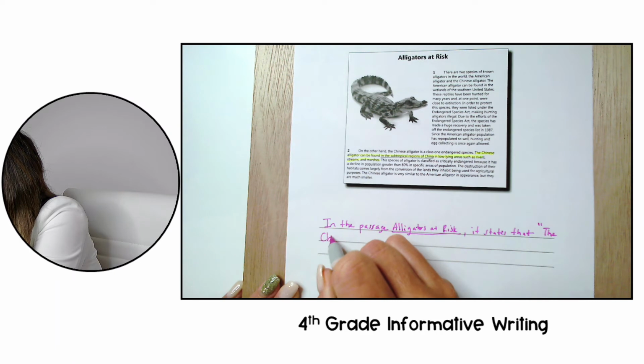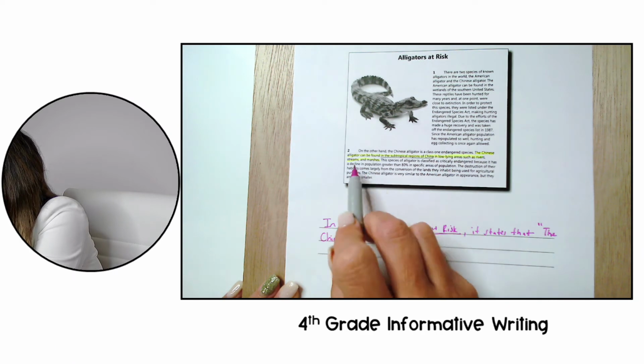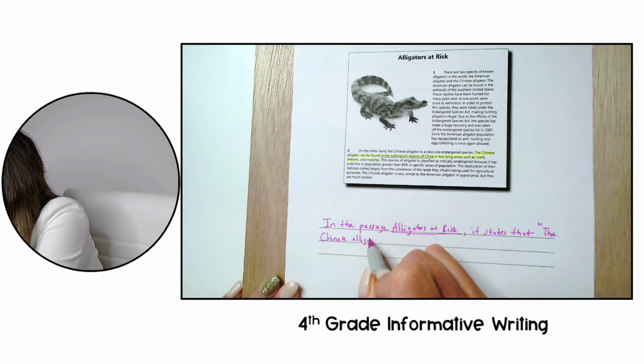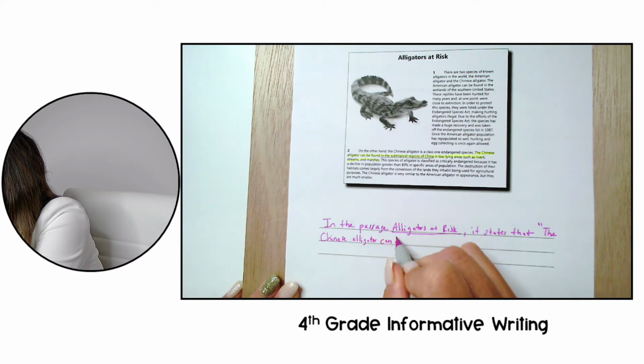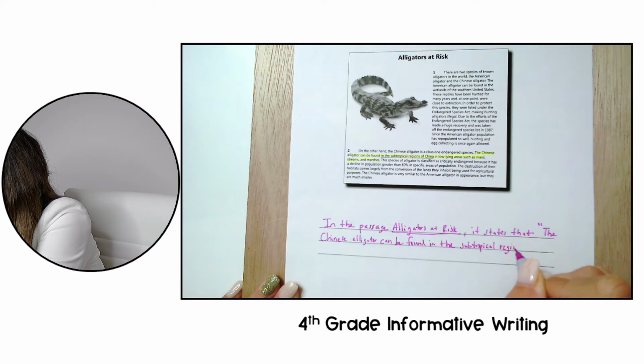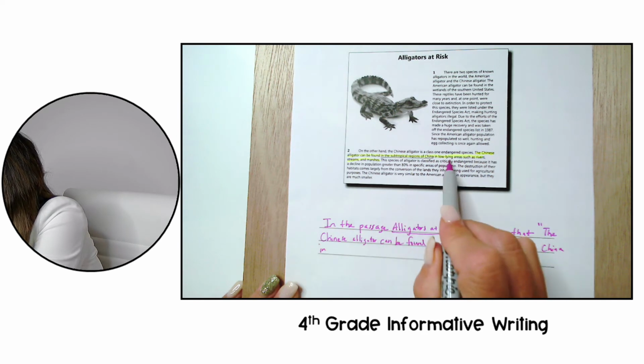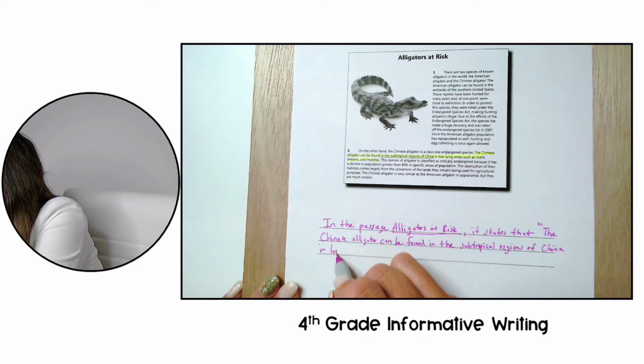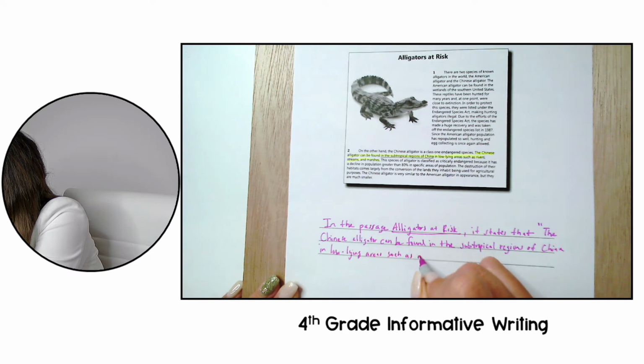The Chinese, I'm just copying word for word, alligator can be found in the subtropical regions of China in low-lying areas such as rivers, comma, streams and marshes.